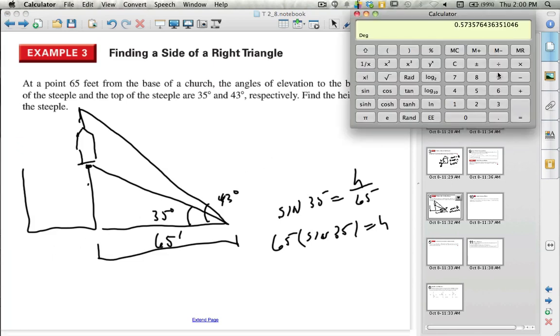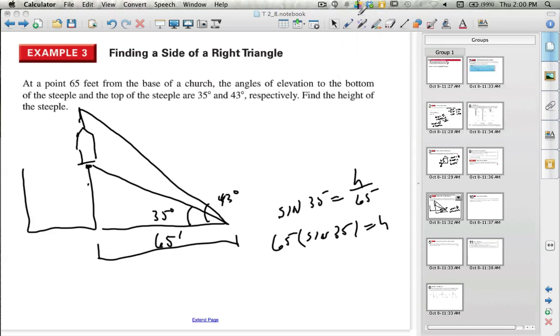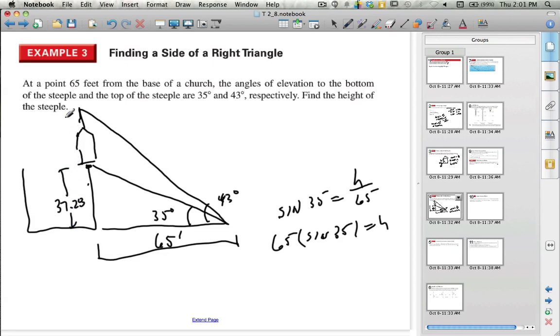So 35 sine times 65 equals 37.28 feet. Okay, so 37.28 feet. And then I can also measure this distance here by doing the same calculation with the sine of 43 degrees.